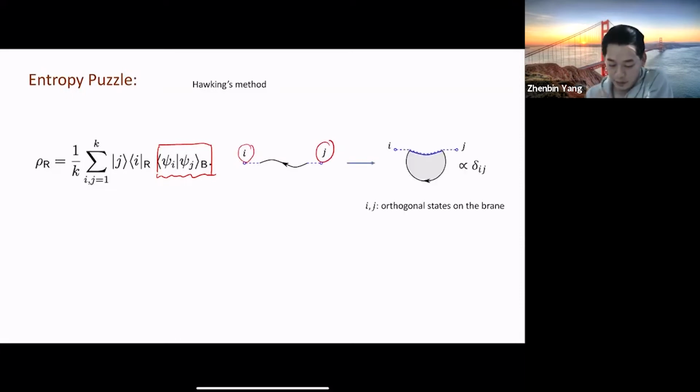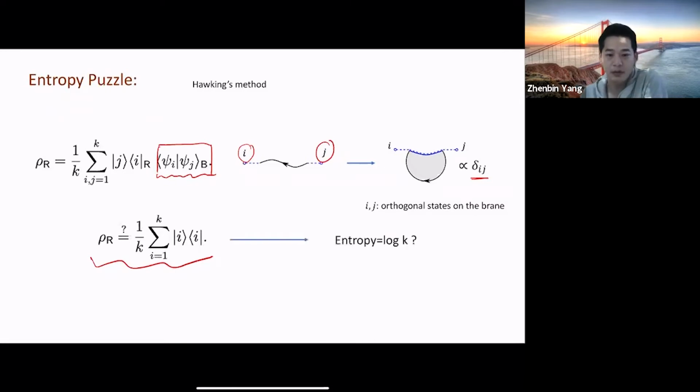After doing the gravitational path integral, you get the smooth geometry with a single brane connecting these two boundaries. Since i and j are orthogonal states living on the brane, that is proportional to delta ij. So you get a maximally entangled state of the radiation, and you get the naive entropy log k.